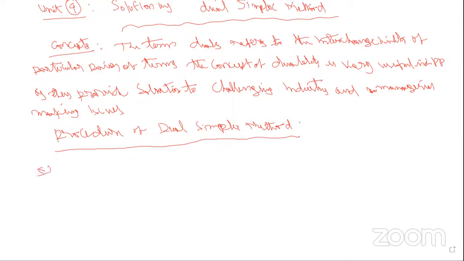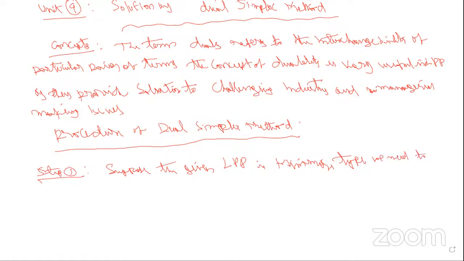Step 1: Suppose the given LPP, linear programming problem, is of minimized type. We need to convert it to maximize type.